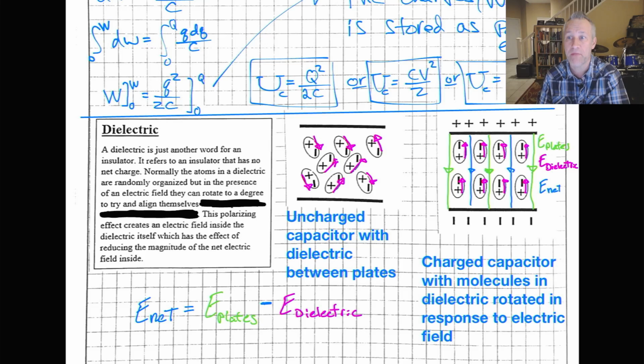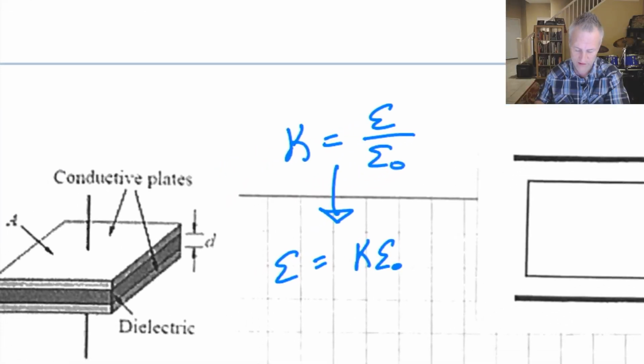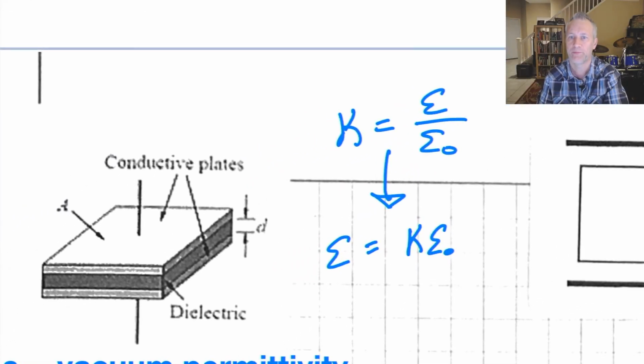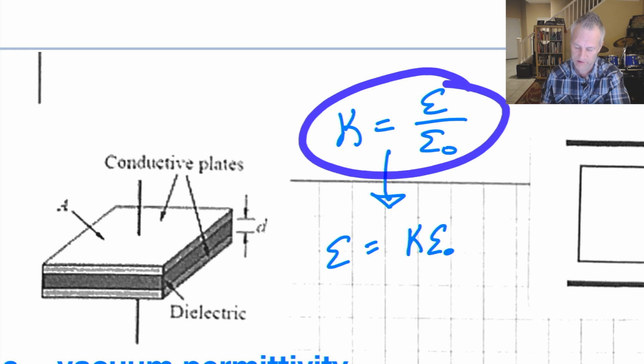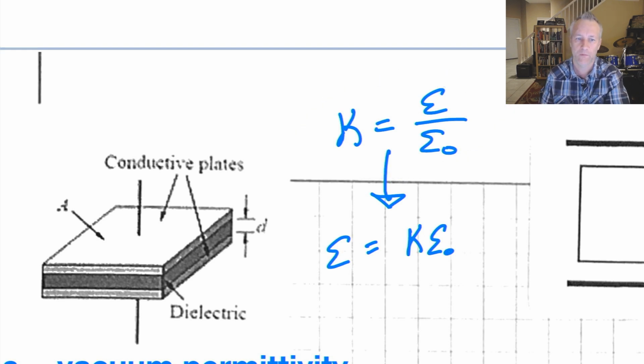One way that we can measure how polarized, or how much of an induced rotation takes place within a dielectric, is by a factor called kappa. On the Physics C equation sheet for this year, you have an equation which says that kappa equals epsilon over epsilon naught.